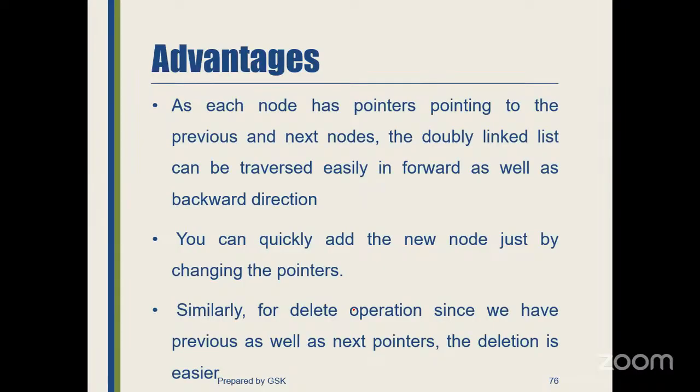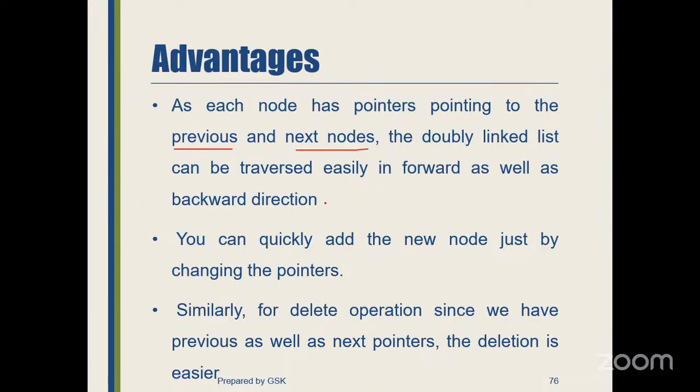Then, what are the advantages we have in a doubly linked list? As each node has pointers pointing to the previous and next nodes, the doubly linked list can be traversed easily in the forward as well as backward direction. In the singly linked list, we have only one direction, just like a one-way road.